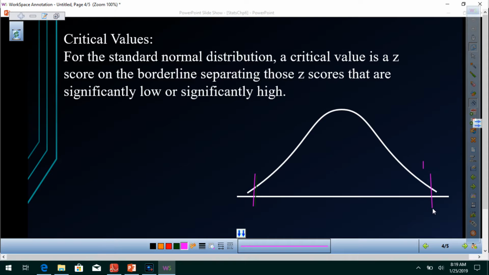A lot of people use 95%, and then this over here is 0.025, and this area over here is 0.025.